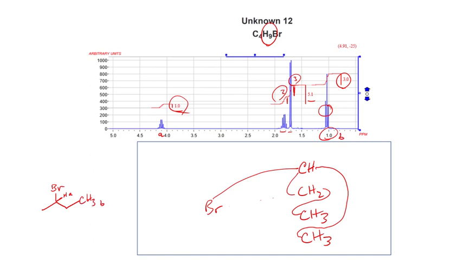It's an alkyl CH3 attached to an alkyl CH2, and those do appear around 1. And then we have another CH3 and a CH2, a little closer to the bromine, right? These two guys right in here, and these are between 1.5 to 2. Sounds pretty good. It's always good to check your data. You have redundant data in NMR spectroscopy, and use that redundant data to actually check your answer.